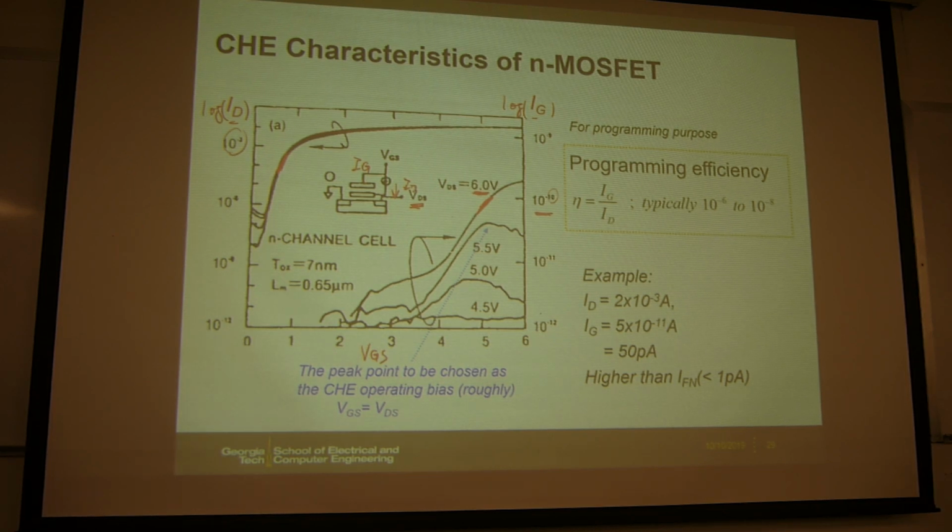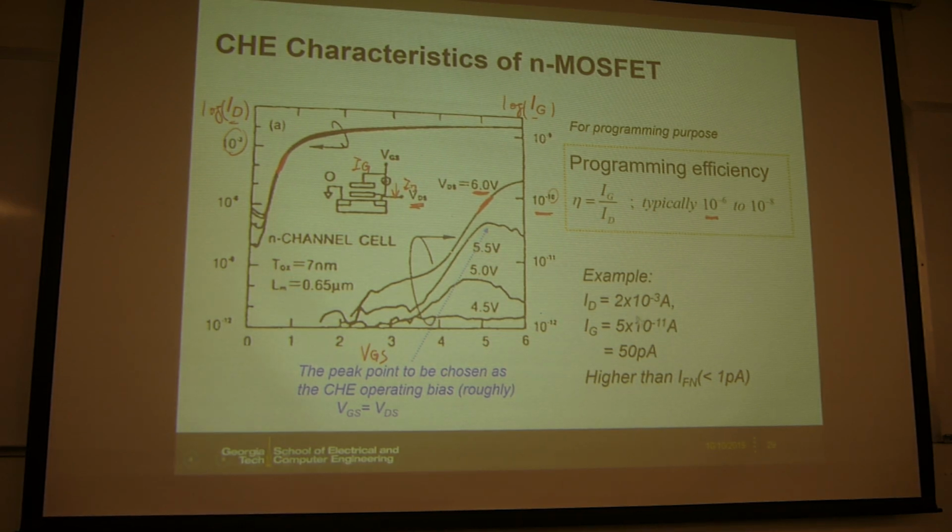So typically here it is like 10 to the negative 6 to negative 8. That means, for example, if the ratio is 10 to the minus 6, 1 electron out of 1 million electrons will inject to the gate. So the probability is very small. So that's why that electron is called a lucky electron.